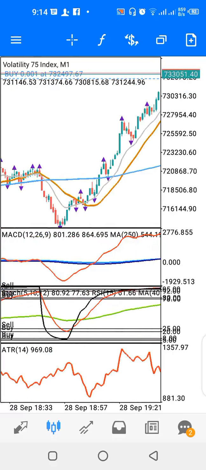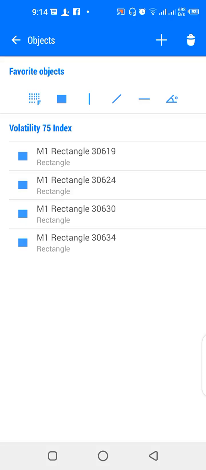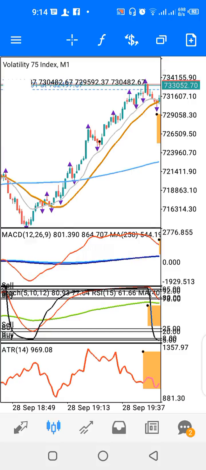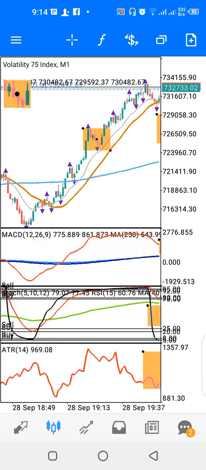The way it works on the main window is when the two lines, I'm talking about these gray and orange lines, cross above the blue line, you have bullish trend development. And when price bounces above the gray line, as long as the gray line is above the orange line, I can always buy.